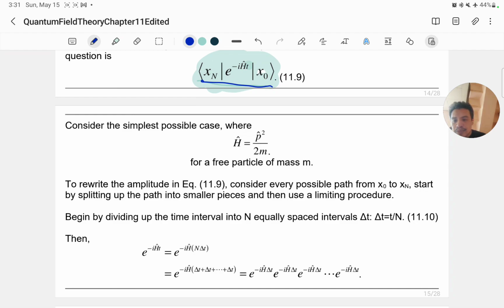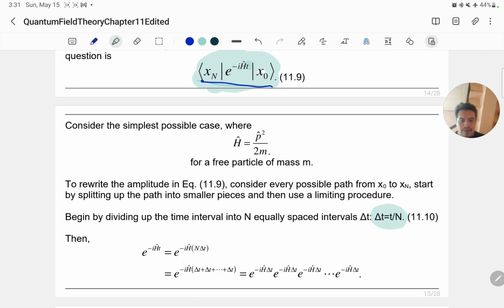And we start by splitting up the path into smaller pieces and then use the limiting procedure. So we split the path. This is what you call time slicing. So we slice the time into n parts, going from x sub o to x sub n.